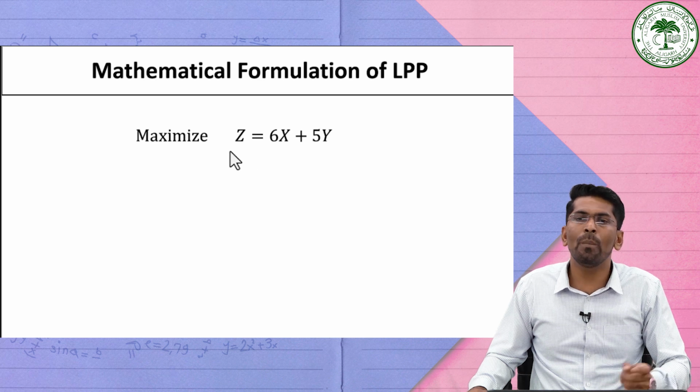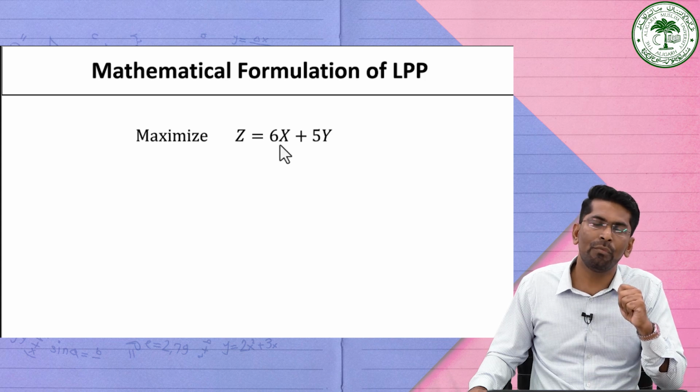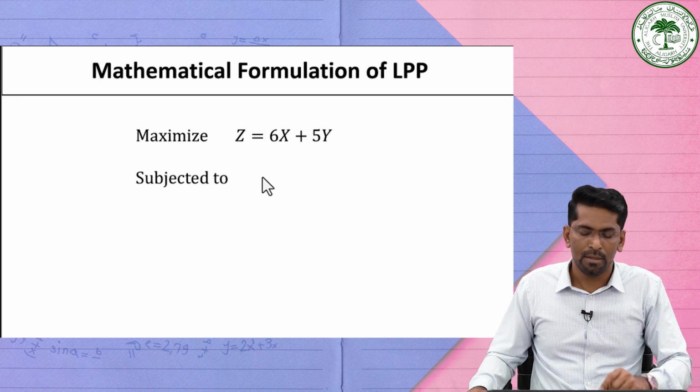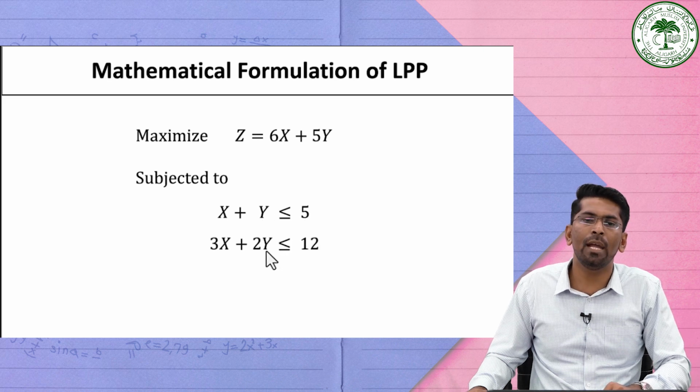So here, our given problem I have converted into the mathematical format, that is maximize the profit, z equal to 6x plus 5y, subject to the linear constraints. We have identified two constraints, that is x plus y less than or equal to 5, and 3x plus 2y less than or equal to 12.